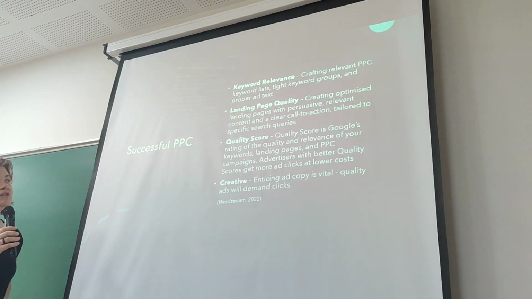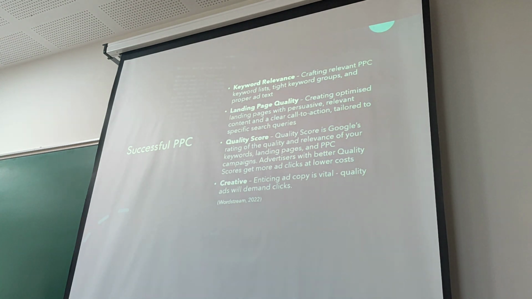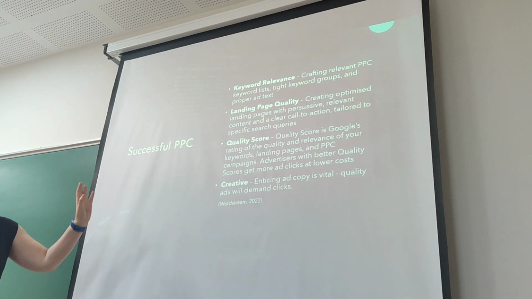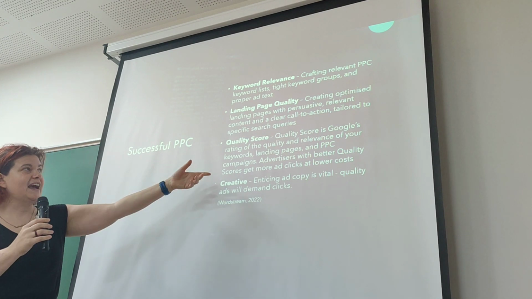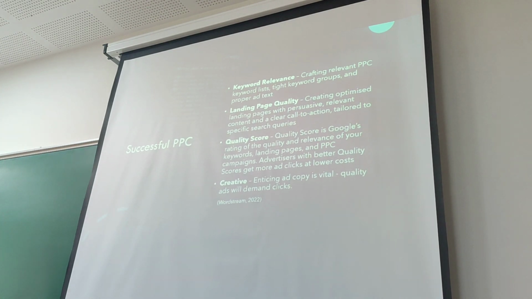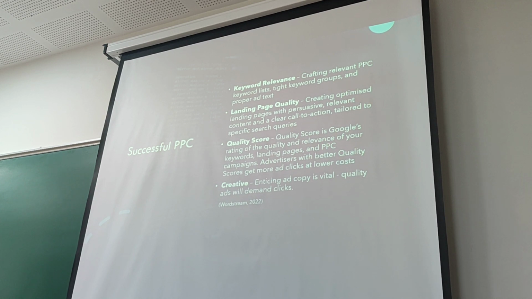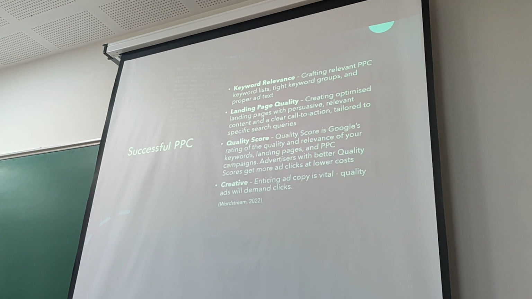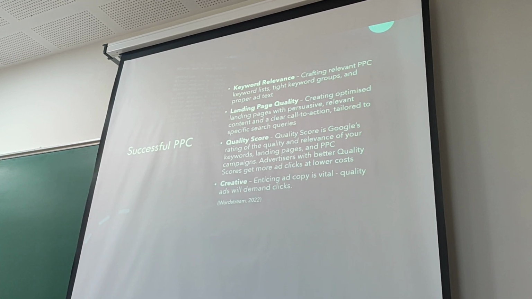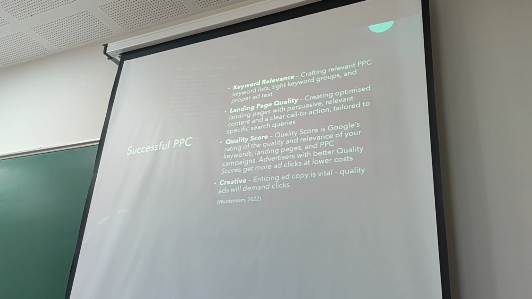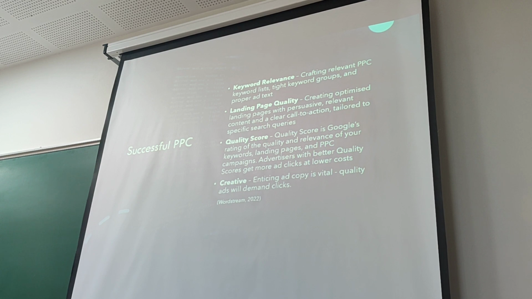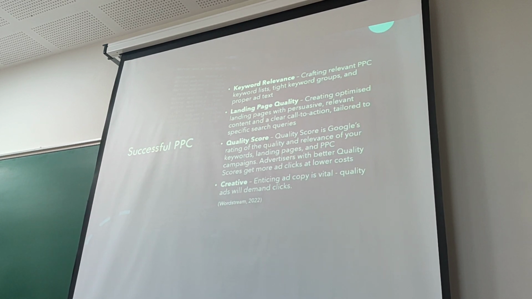Just like Google spiders are making quality judgments about the quality of your website and your web pages, they're also making decisions about the quality of your ads, and they add a quality score to your keywords, landing pages, and campaigns. If Google thinks you've got a good quality score, if they decide that you're using relevant keywords, the way you're sending your customers is good, and generally that you're setting up a good campaign, they're going to charge you less per click.